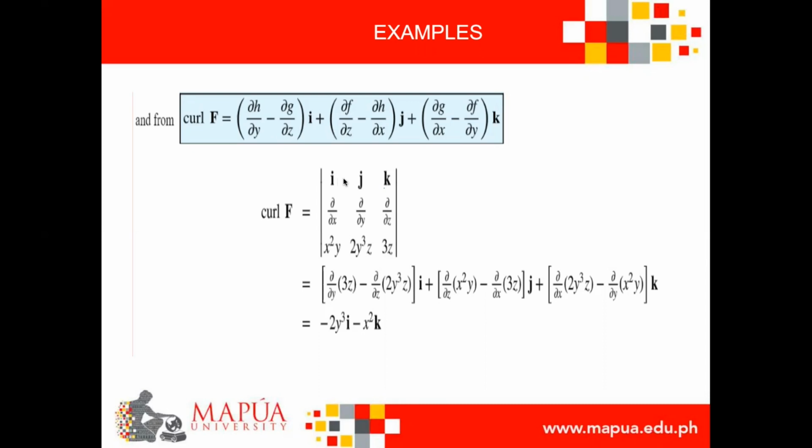With that, we can just copy now the first two columns, then apply the basket method. So we now have i, then partial derivative with respect to x, then we have x squared y.